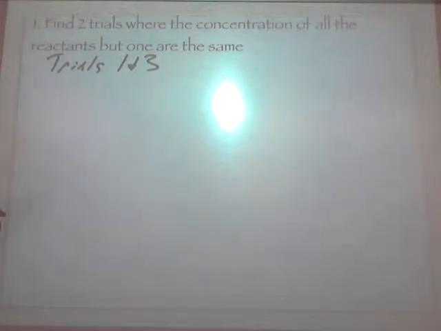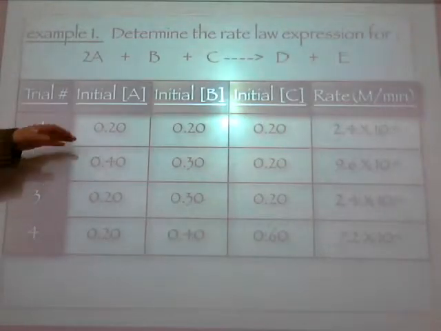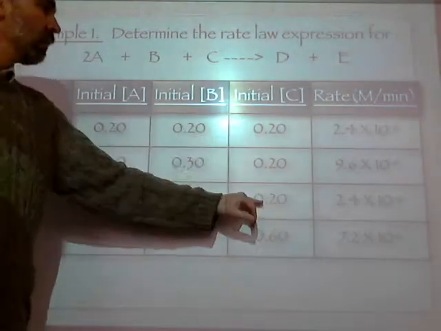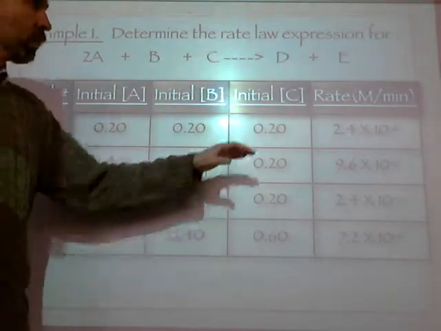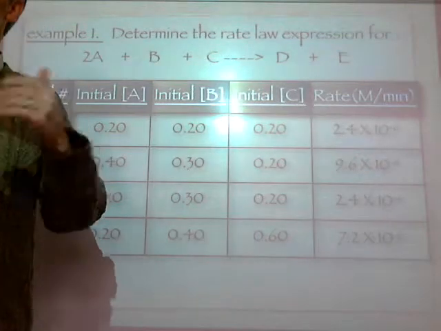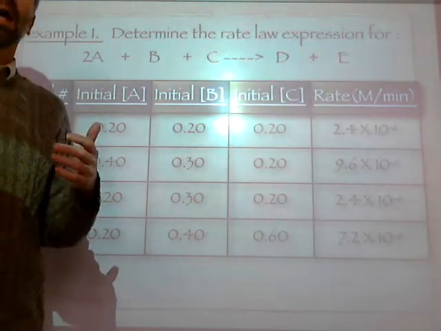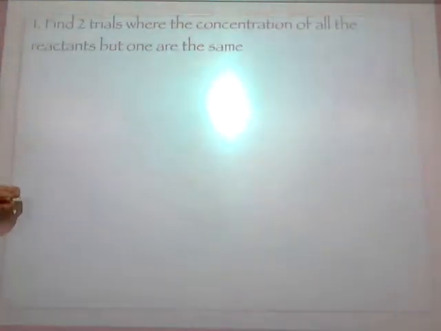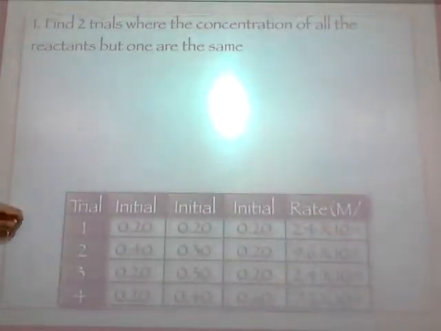Now, once you do that, I have to have a way of mathematically showing this. You know darn well that A didn't change, C didn't change, and B did, but the rate didn't, so you know it's 0 order. How are you going to show that so I know that you knew that and you didn't just guess? Here's how.